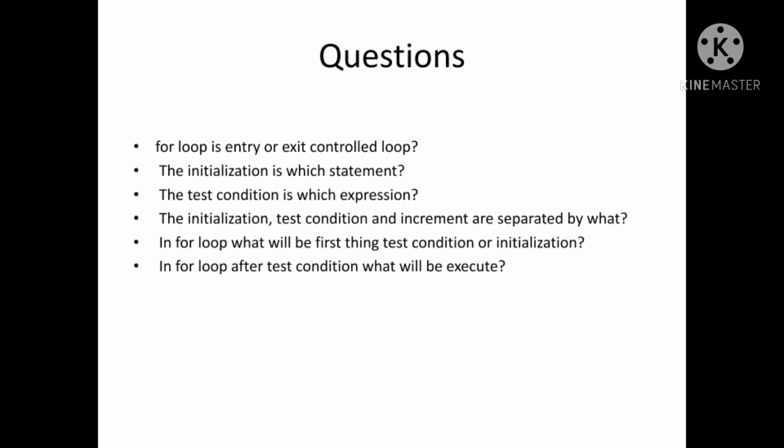Answer is initialization. In for loop, first thing will be initialization and after that test condition will be there. Sixth question, in for loop, after test condition, what will be executed? Answer is body of loop.